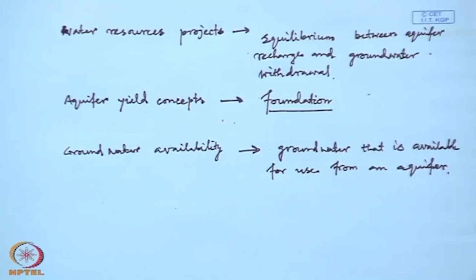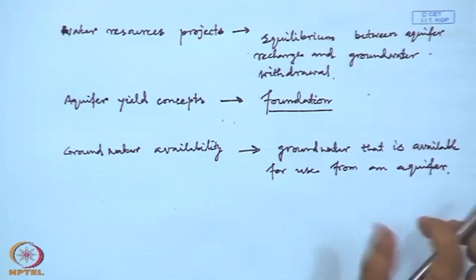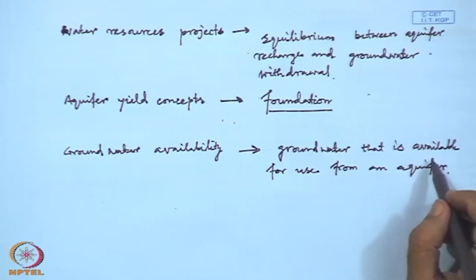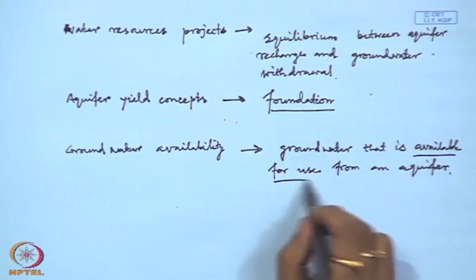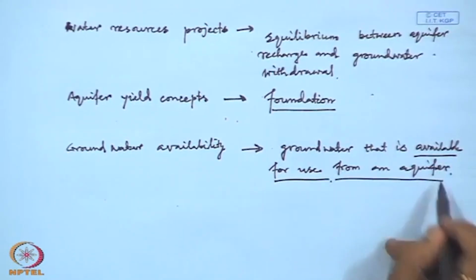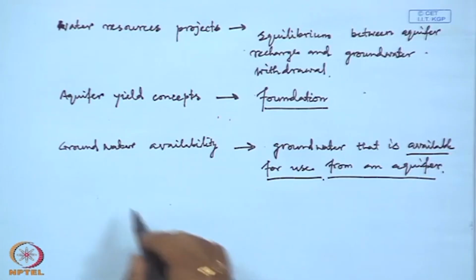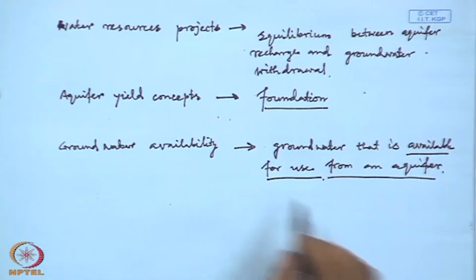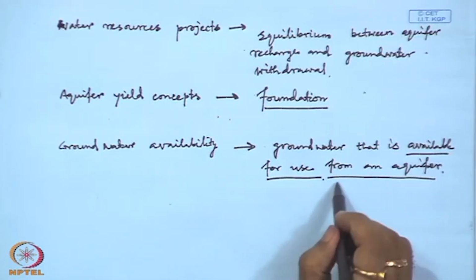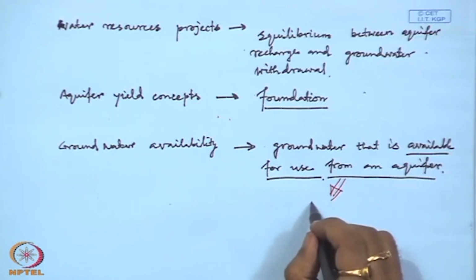But the problem is it is not easy to define or to quantify this particular thing that is available for use from an aquifer. How to quantify that is the most important aspect of groundwater availability. This part is difficult to quantify.